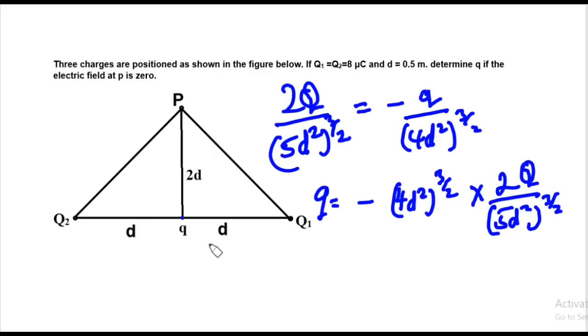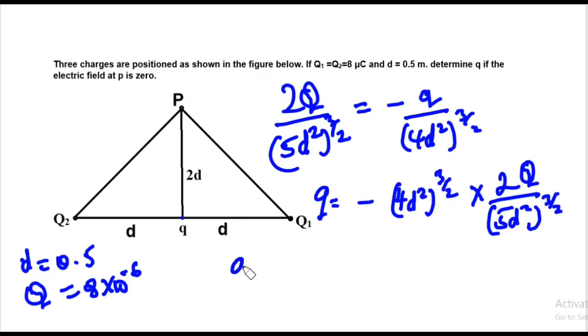Of course, we know that the value of d is 0.5, and we are told that q1 equals q2 is 8 times 10 raised to the power minus 6, this is 8 microcoulomb.